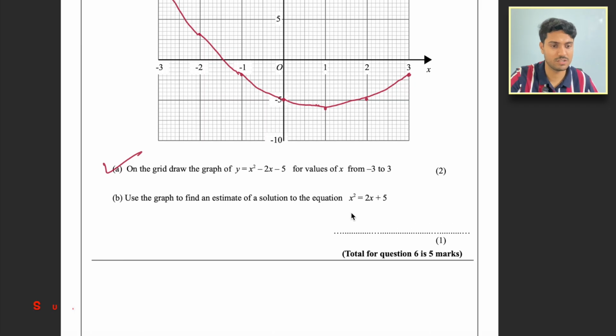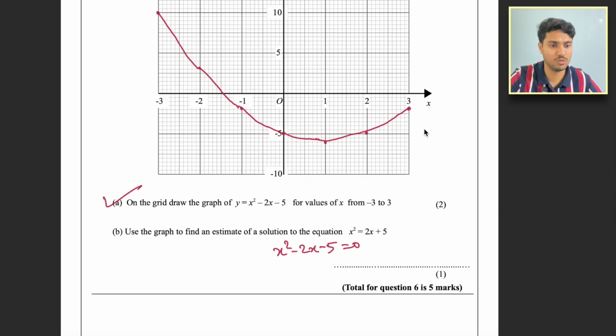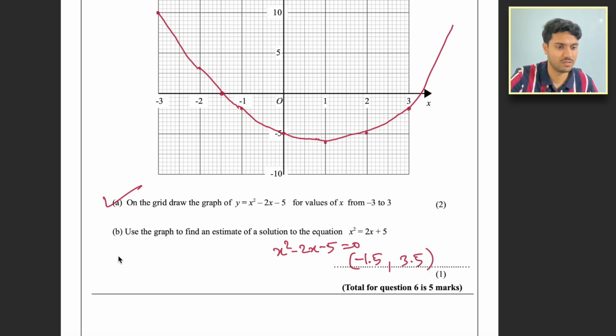Second part, use the graph to estimate the solution of the equation. We can write it as x square minus 2x minus 5 equals 0. So the solution is on the x-axis basically. This will go like this. Somewhere minus 1.5 comma, this can be 3.5, if we are estimating.